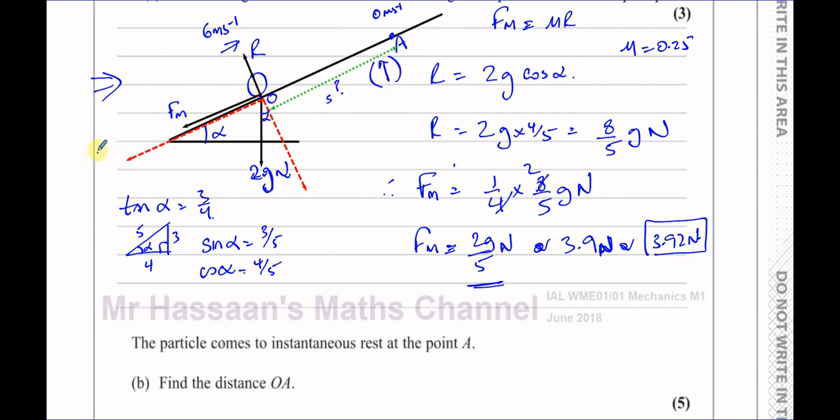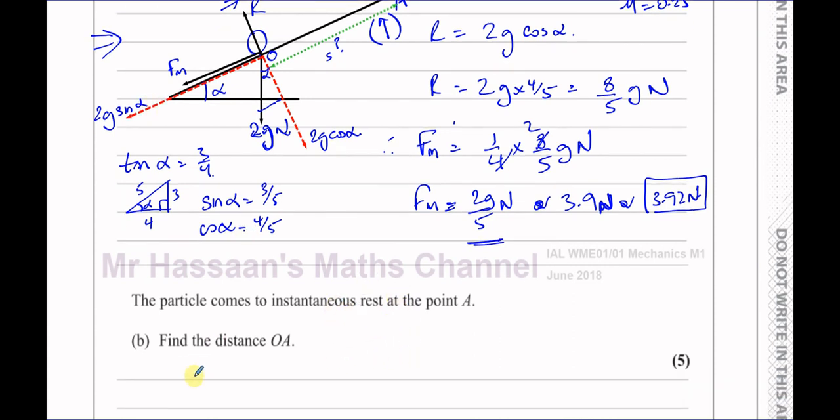So the component of this was 2g cosine alpha. So this is going to be 2g, looking at the side that's opposite the angle, so it's 2g sine of alpha. All right, so those are the forces acting upon this object. So we can say the resultant force is equal to the mass times the acceleration. I'm going to take up as positive.